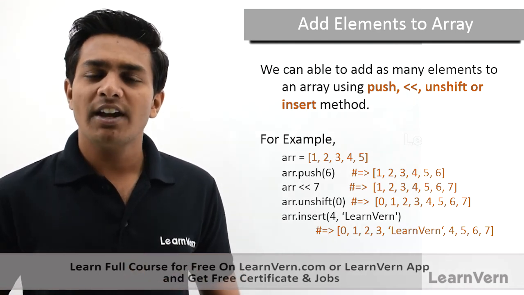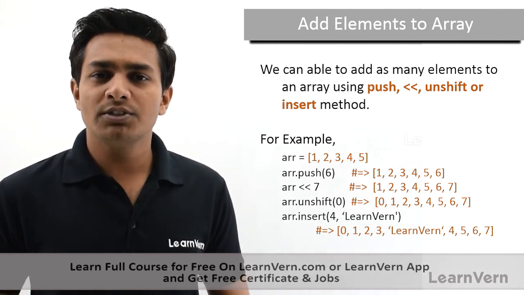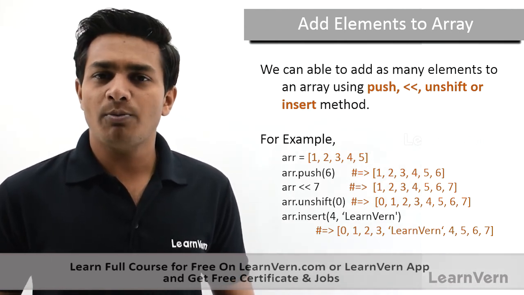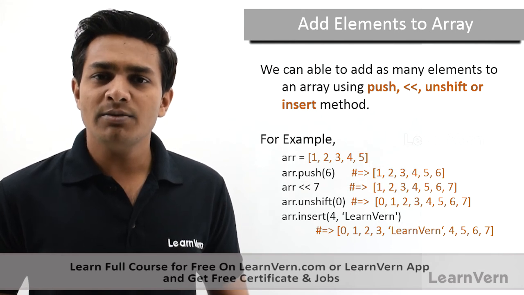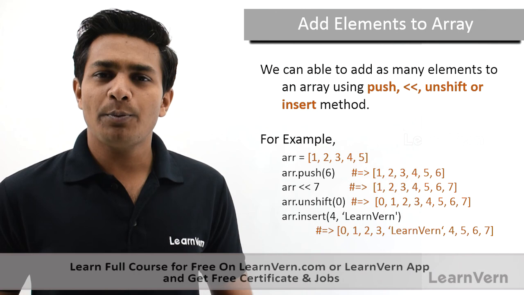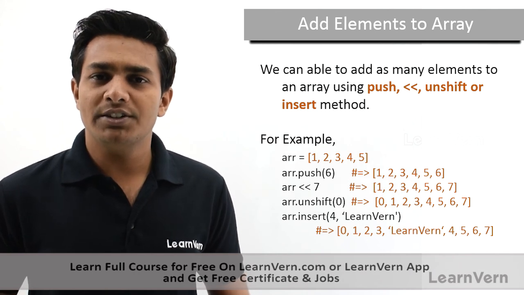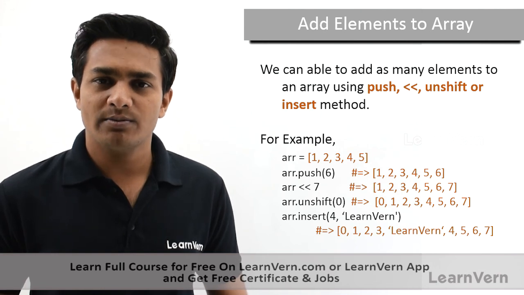Here in a screen I have created one example. I want to push 0 to the beginning of my array. So I had written my array variable name dot unshift, that is our method, and I have passed one argument 0 to it. So it will include one new array element to the beginning of array.